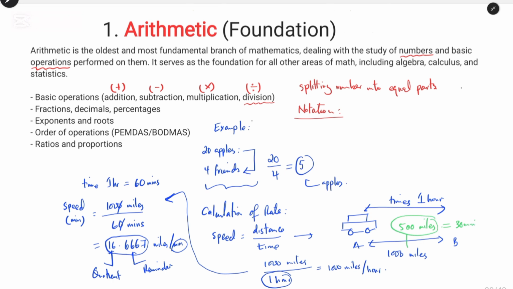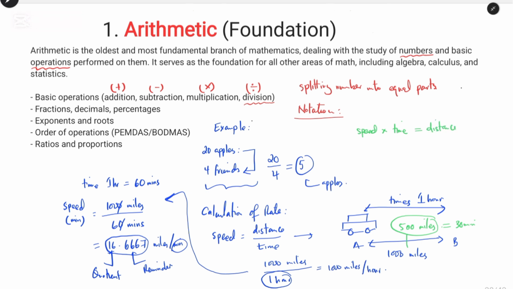And if you are traveling at the speed of 16.667 miles per minute, then you can calculate the speed times the time to give you the distance.